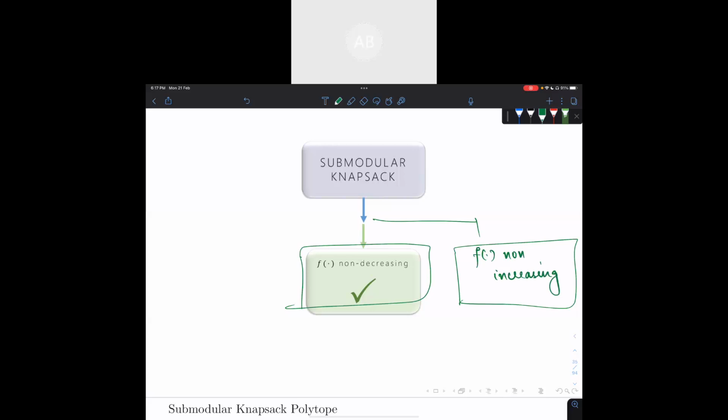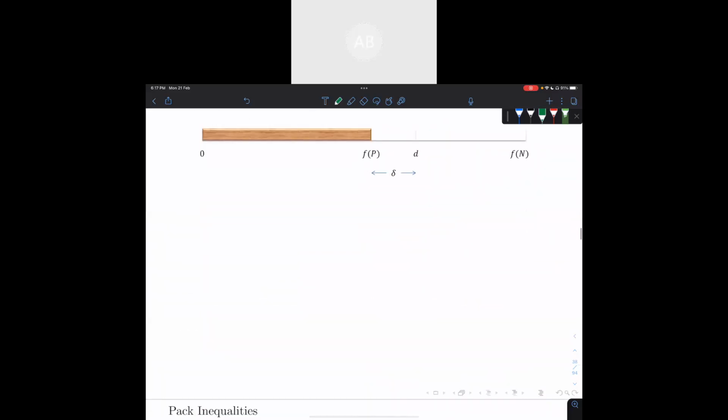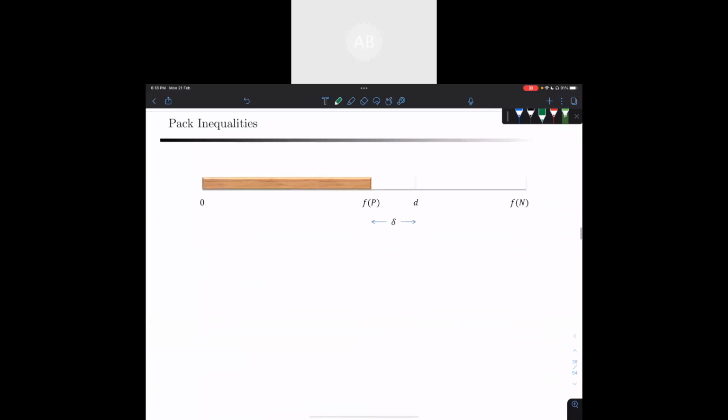So what happens when f is non-increasing? Similarly, as we had earlier, we'll define a notion of an infeasible solution, right? So what is a feasible solution? Any solution such that f of x is greater than or equal to d, right? That is a feasible solution.